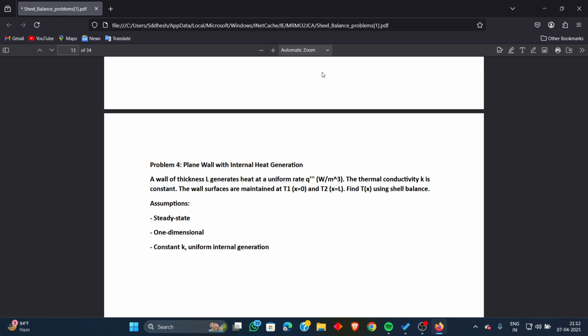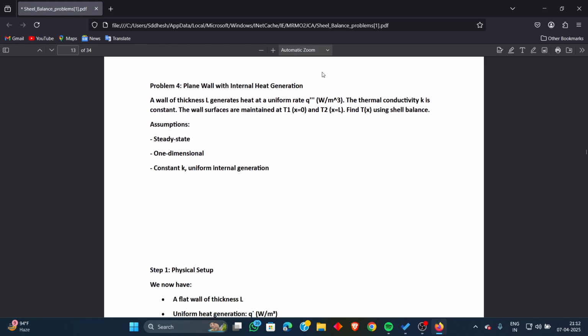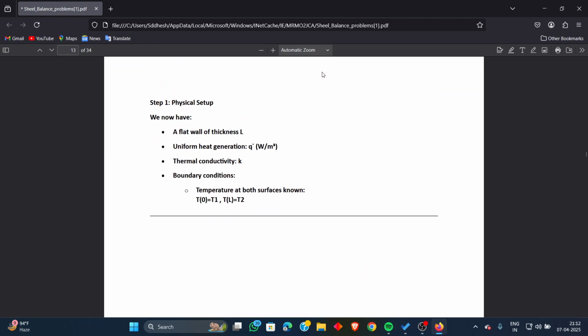The wall surfaces are maintained at T1 at x equal to 0 and T2 at x equal to L. Find T(x) using the shell balance. Assumptions: steady state, one dimensional flow, constant K, uniform internal generation.